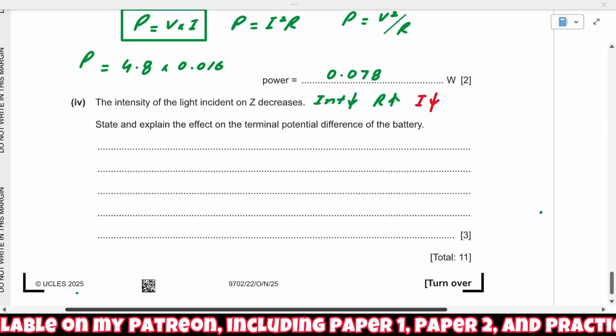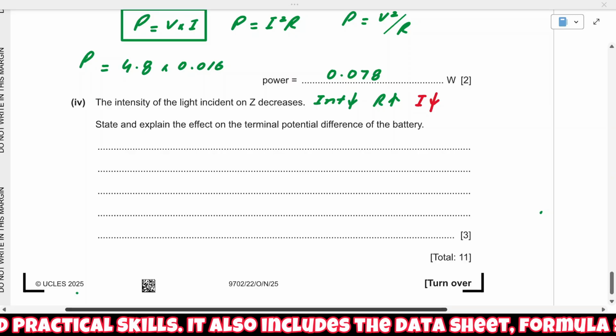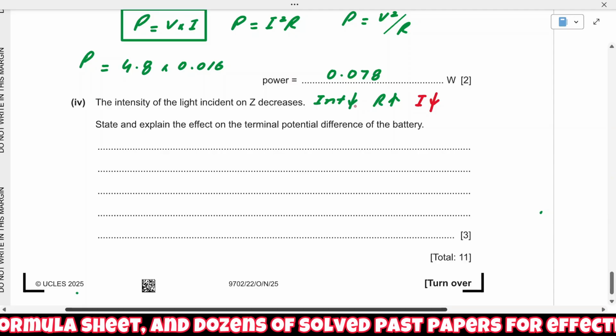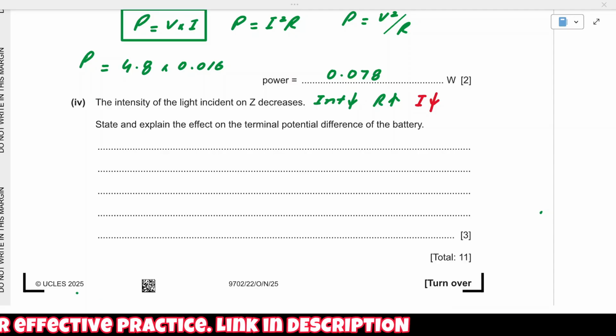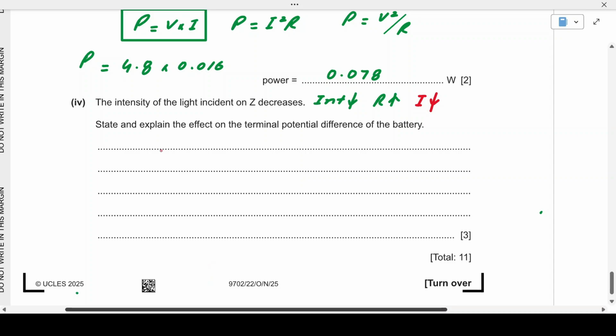The intensity of light at the LDR decreases. The intensity of light was decreased, hence the resistance of the LDR has increased, and therefore the total resistance of the circuit will also increase.